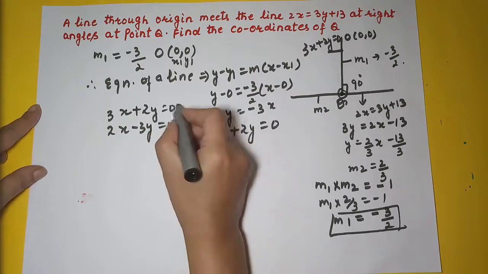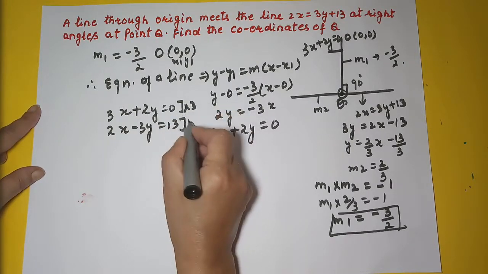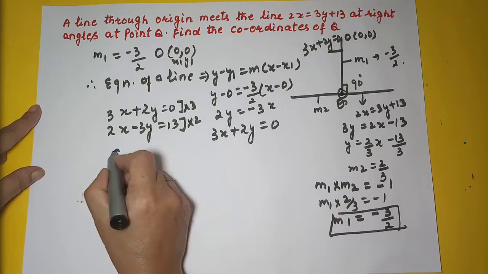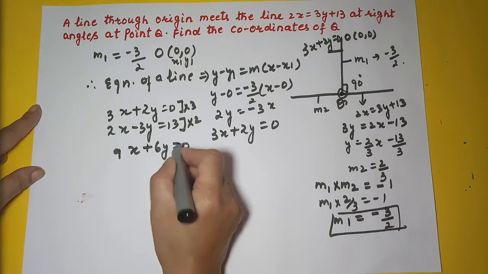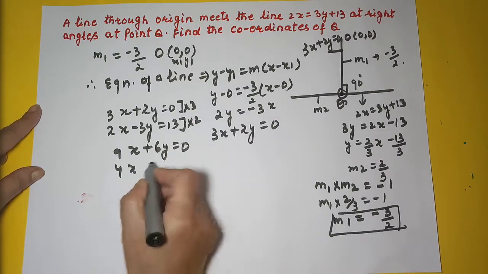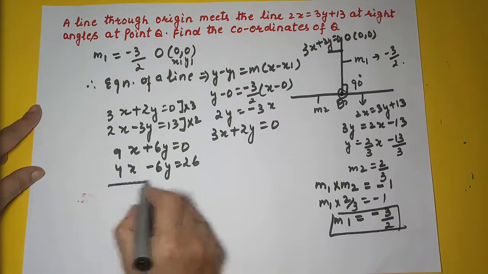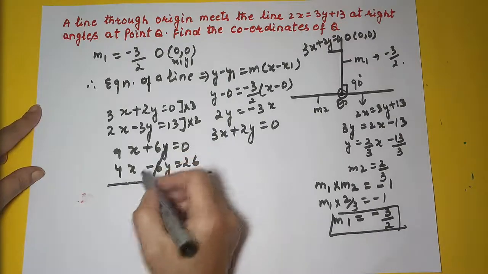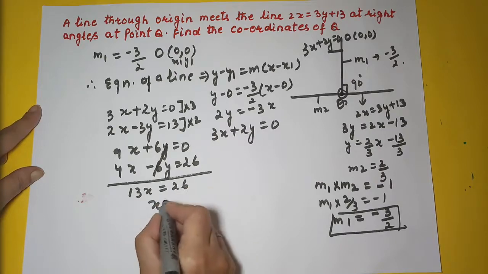So if I multiply this equation by 3 and this by 2, I will get 9x plus 6y equal to 0, and here I will get 4x minus 6y equal to 26. So if I add these two, this will go, 13x equal to 26, which gives me x as 2.